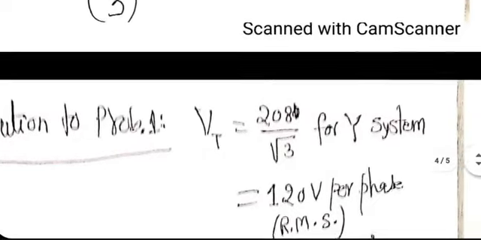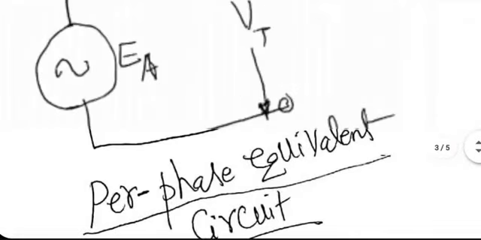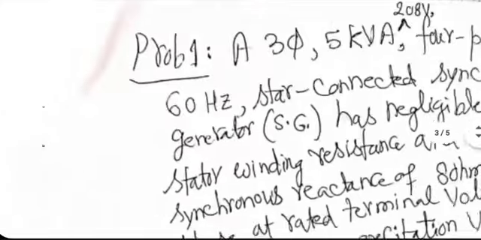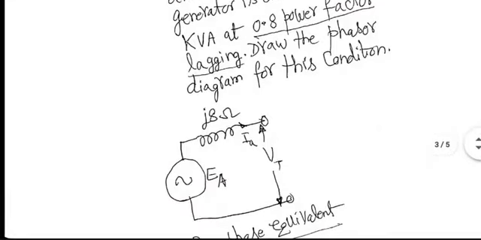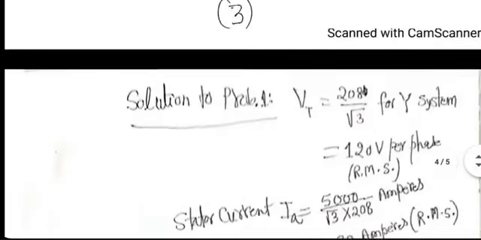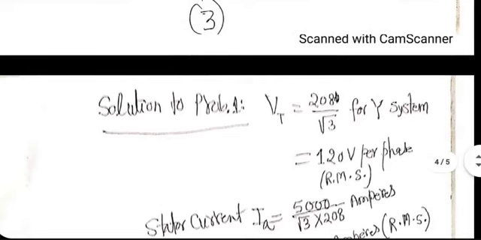That's what I'm doing here. For a single phase equivalent circuit, you cannot use 208 volt directly. That's the line voltage. You will have to use VT equal to 208 divided by square root of 3.